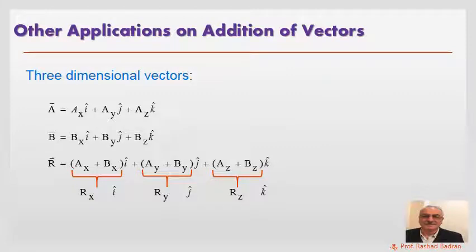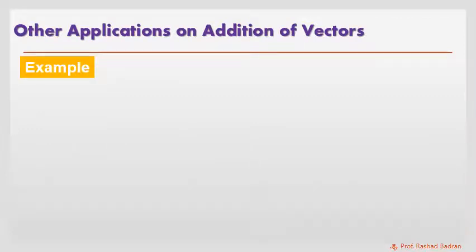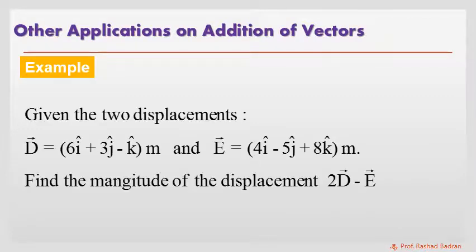Those three represent the component vectors. When added together, they give us the resultant or the sum of those given vectors. This is an example, addition of vectors in 3 dimensions.